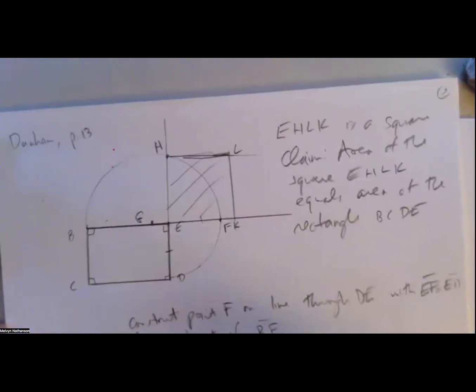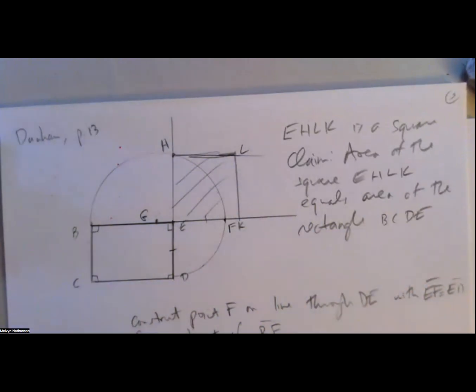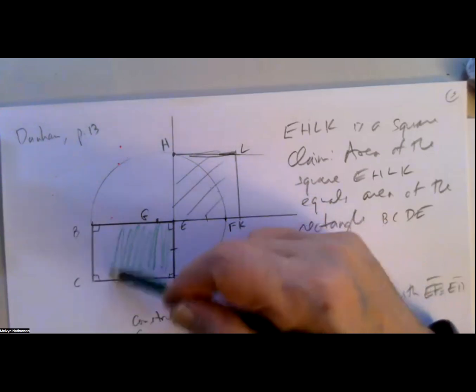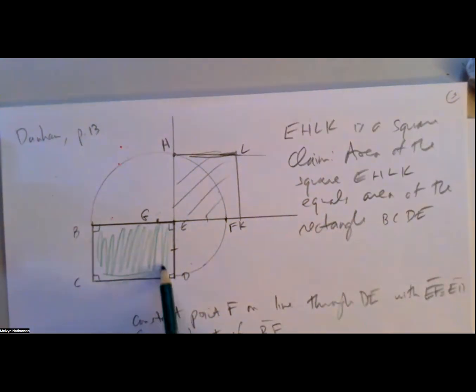So I claim this square and this rectangle have the same areas.